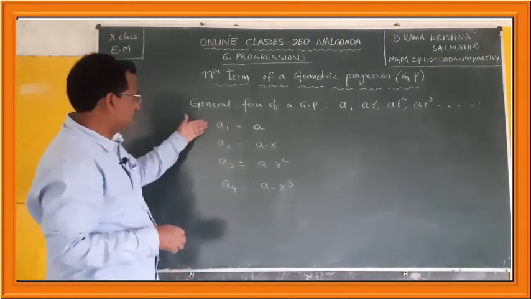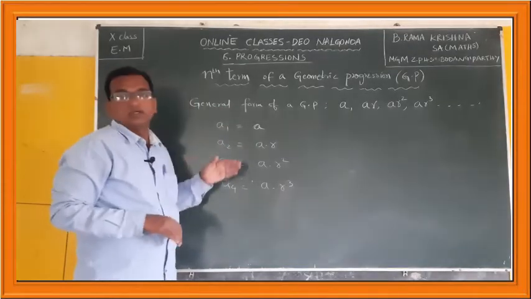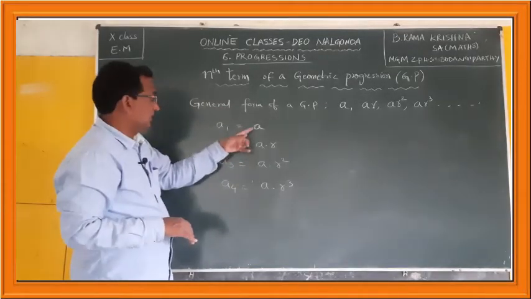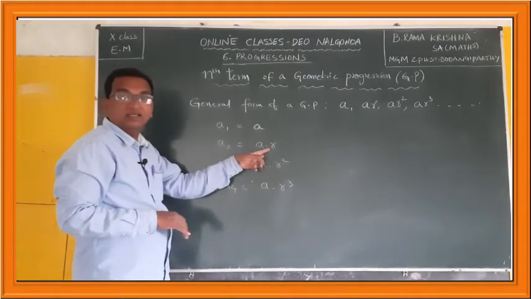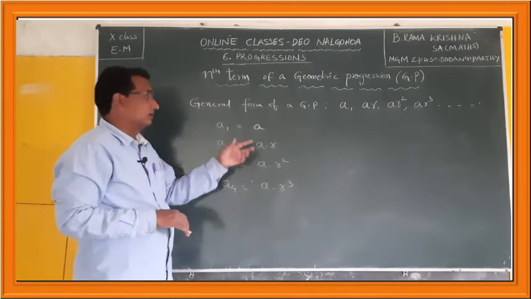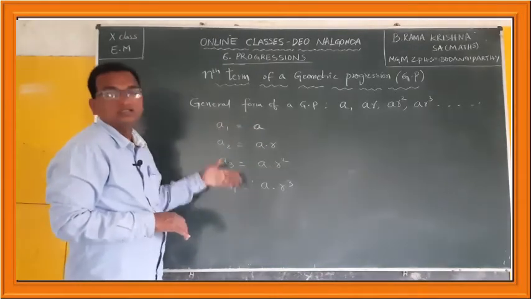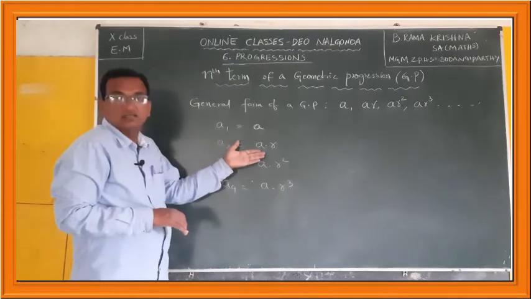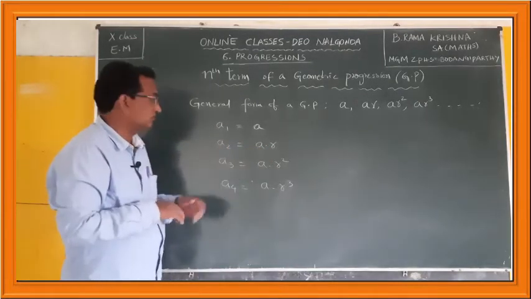See, here the first term is independent of all the numbers in the progression. After determining the first term, only if you multiply a constant value to the preceding terms, you will get the geometric progression. Here the constant value is denoted by r, that we call the common ratio.